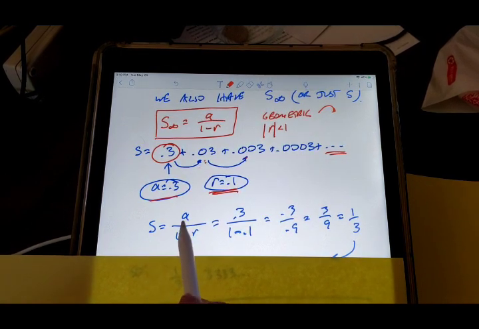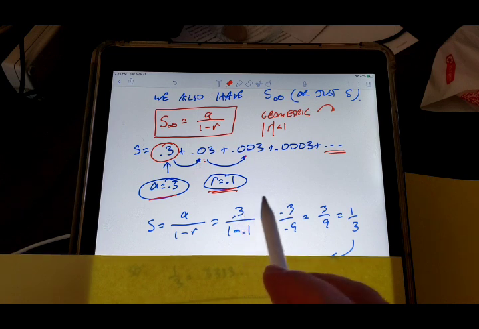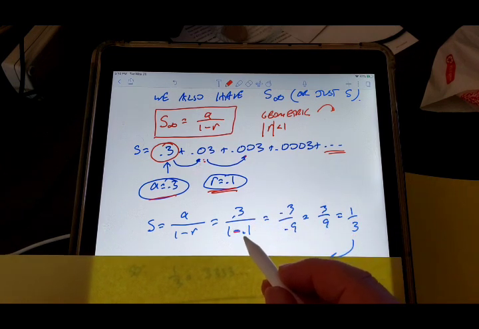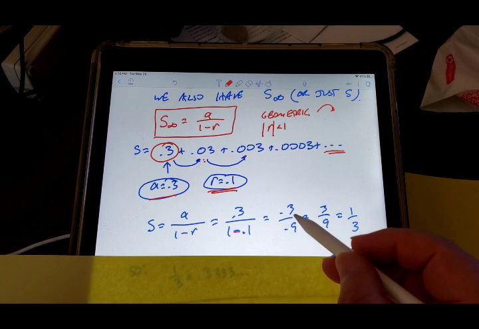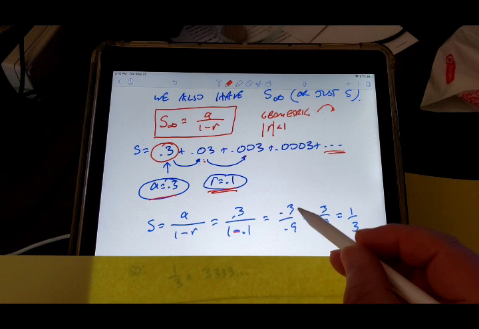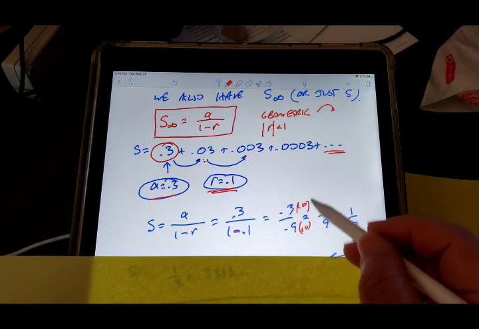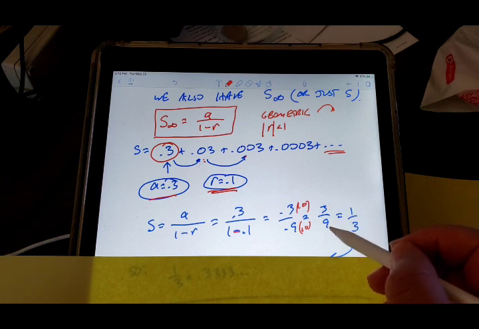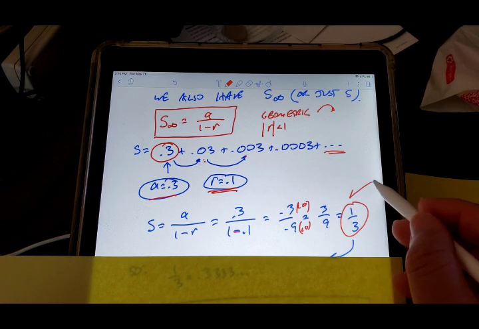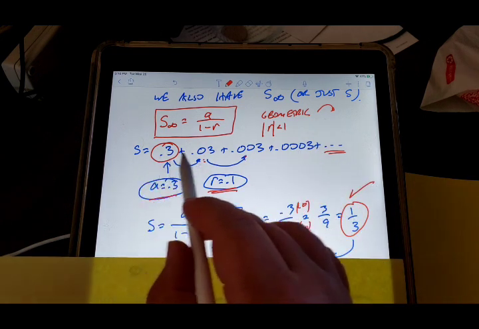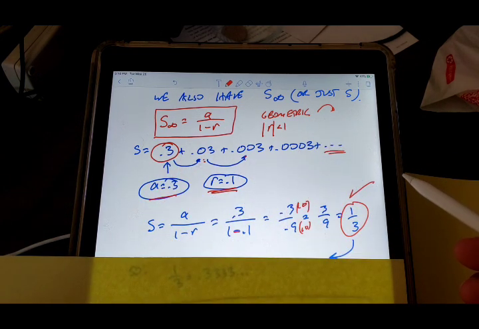S equals A over 1 minus R, so it's 0.3 over 1 minus 0.1. I guess it looks fine. All right. 0.3 over 0.9, which if you multiply top and bottom by 10, which you can do with fractions, you get 3 over 9, which is 1/3. So if I added this infinite list up, I'd get 1/3.